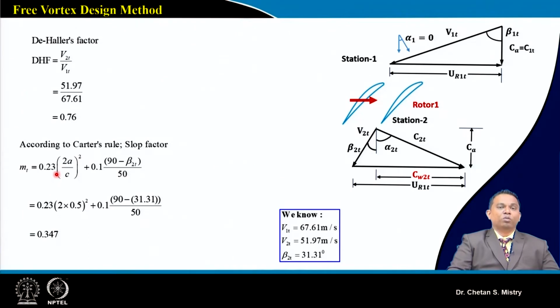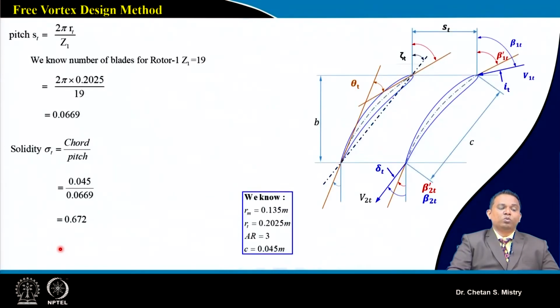Now in order to calculate our diffusion factor, the m parameter has been calculated near the tip station, and that's coming 0.347. Once this m parameter is known to us, we can calculate the solidity and the diffusion factor. For solidity, as we have discussed, we have 19 blades for rotor 1.